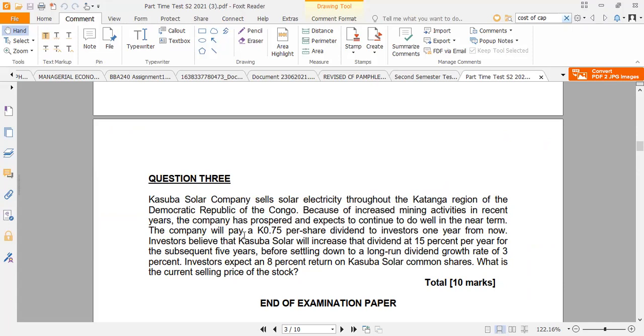The company will pay a 0.75 per share dividend to investors 1 year from now. Investors believe that Kasuba will increase dividends by 15% before settling down in the long term at 3%. Investors expect an 8% return on Kasuba Solar common shares. What is the current selling price of the stock?